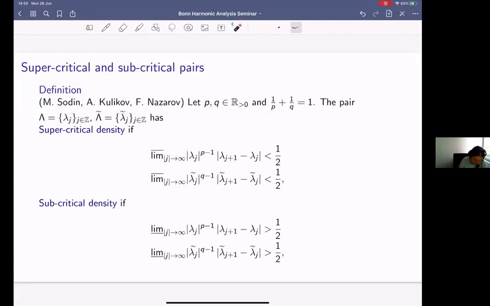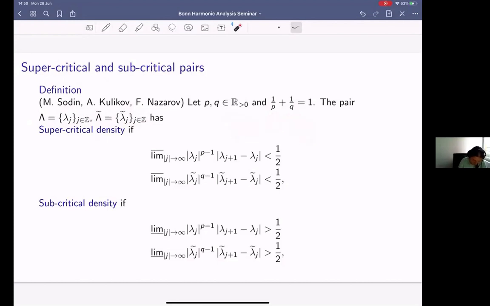And so then we consider this pair of two discrete sets. So the first discrete set will consist of elements lambda_j, and the second will consist of elements lambda_j tilde. And I think we can also assume that these elements are ordered, so that lambda_{j+1} is bigger than lambda_j.